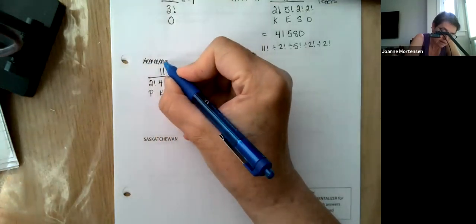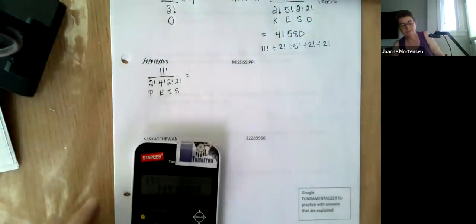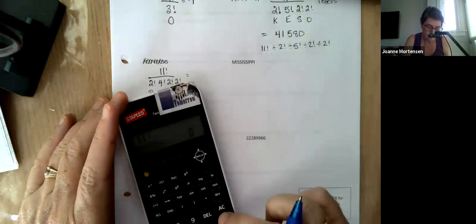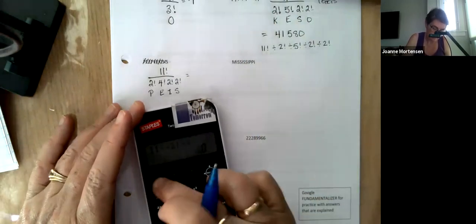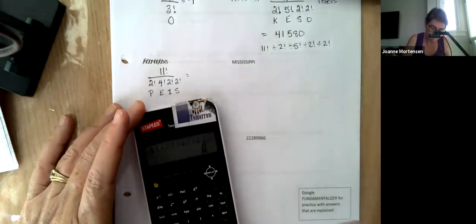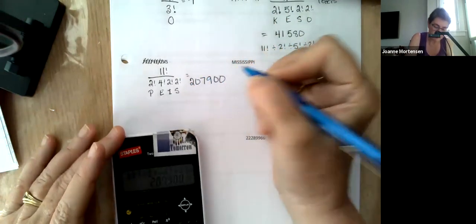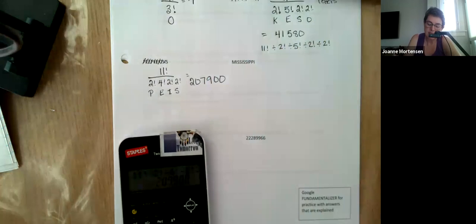And now you've got 2 I's and 2 S's. 207,900.